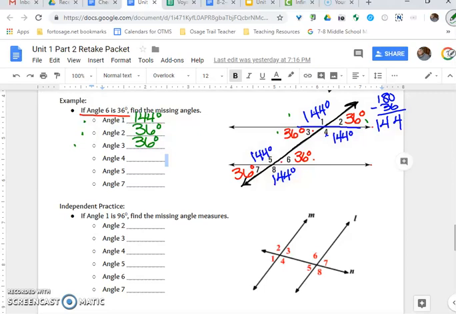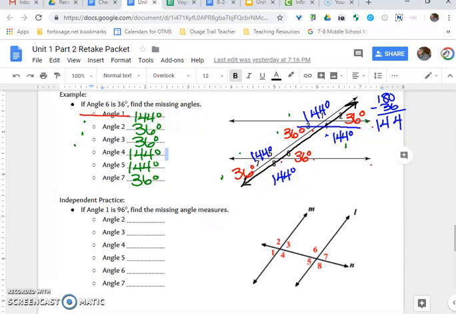Angle 4 is 144. Angle 5 is also 144. Those are alternate interior. Angle 6 we knew, and angle 7 is 36 degrees. Now notice there's not a line for angle 8. Yeah, we found it. We just didn't need to write it down in our blanks. That's okay. Sometimes you're going to find more than you actually need. And that's okay.